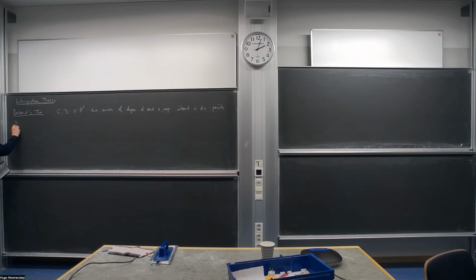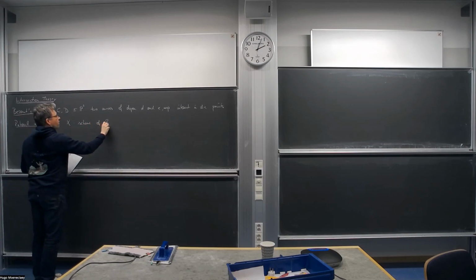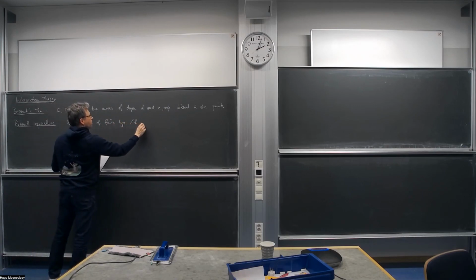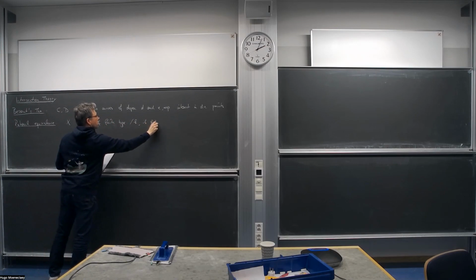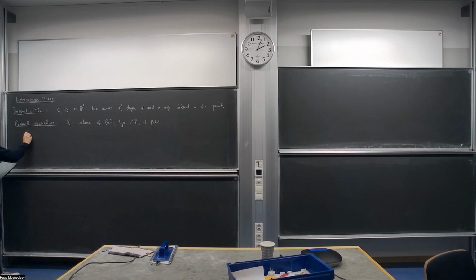Now let's start with some topics. One of the first is rational equivalence. X is a scheme of finite type over some field. Then we can define cycles.